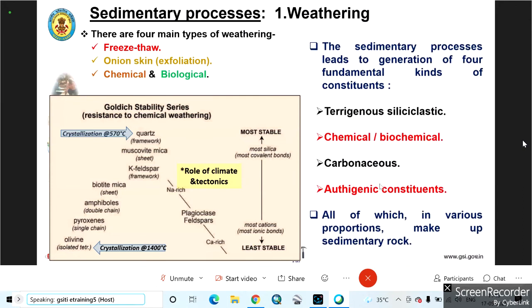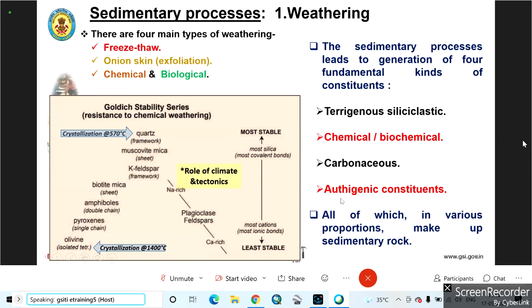Here you see that as a product of this differential weathering, different kinds of constituents are formed. By the physical process, terrigenous siliciclastic sediments form. By the chemical and biochemical process, chemical and biochemical constituents form, and as a residual of organic debris, carbonaceous material forms.